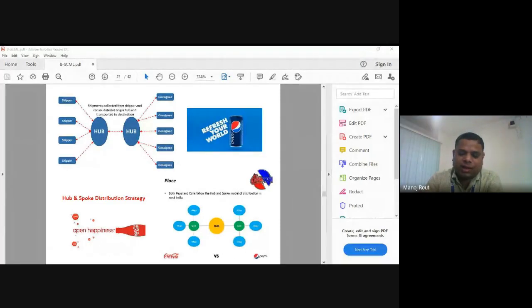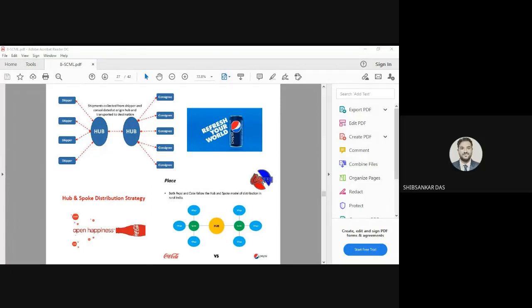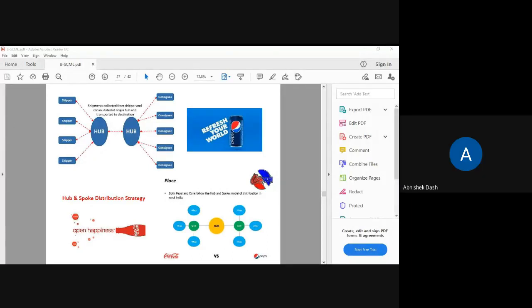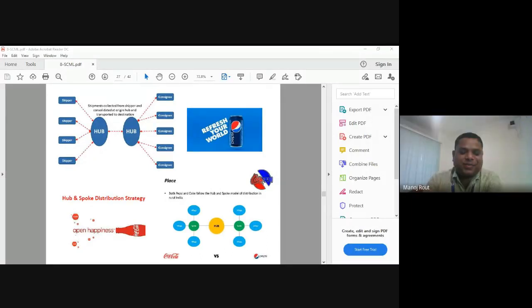Sivasankar, what is the tagline of PepsiCo? Okay, that is already written in the slide. Refresh your world. For Coke, Aishwarya Mishra, what is it? Open happiness.